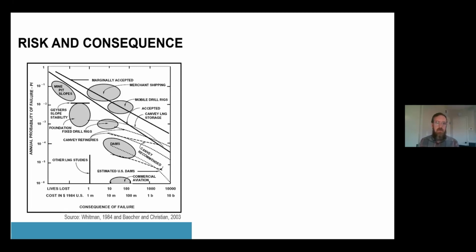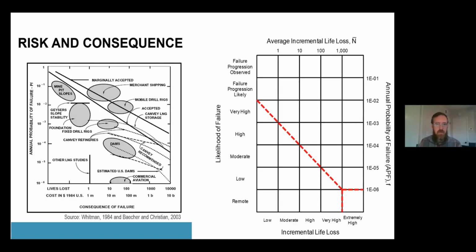That concept from this figure was really turned into a tolerable risk guideline, which you see here an example of a risk matrix developed by the Corps of Engineers in the United States. And it's been adopted in similar fashion by many other dam and levee safety agencies. And that 10 fatalities in 10,000 is one fatality in 1,000, and that represents the red diagonal line there. So that's how that came to be.